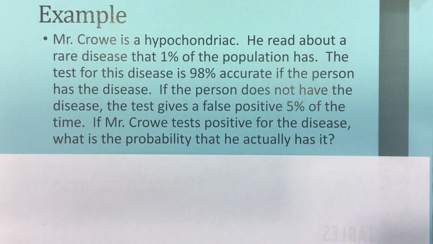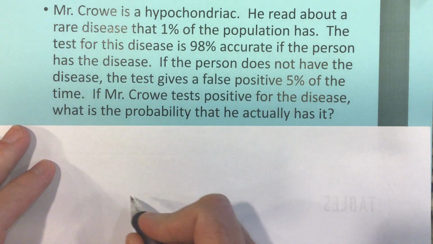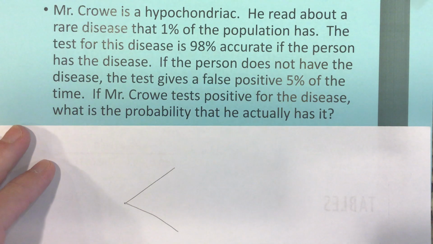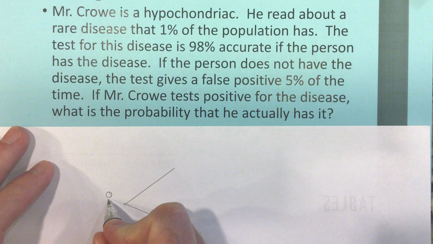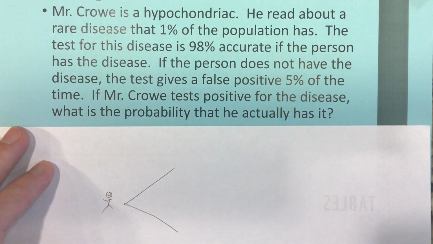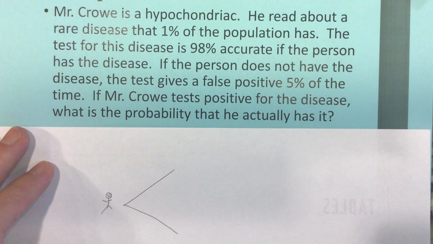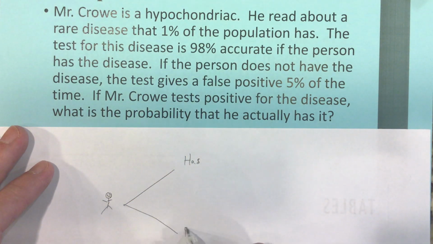All right, so there's a variety of ways to do it. I think I'm going to use a tree diagram here, just so you can see a tree diagram at work. So here we go. All right, here I am. I'm really sad because I'm a hypochondriac. Now, it could be that I actually do have the disease, and it could be that I actually do not have the disease. I have to fall into one of those categories, right? So, has the disease, does not.